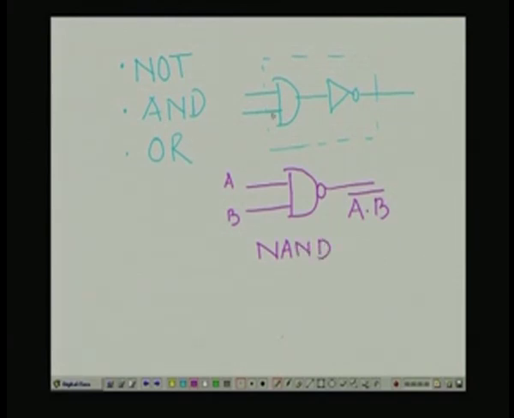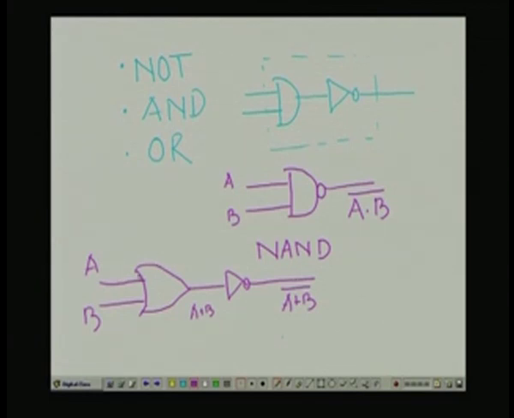Similarly, instead of the AND, if I take a 2 input OR and I put a NOT gate here, so this is my A, B. So, this is A plus B, and this will be A plus B complement.